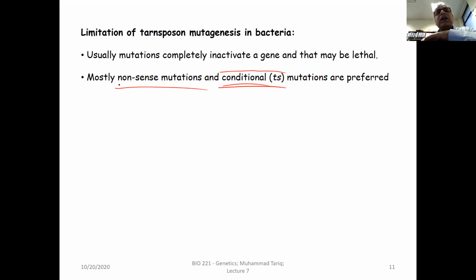So you cannot acquire these kinds of mutations using transposons, because transposon insertion completely inactivates a gene and it may be lethal. And if your mutation is lethal, you cannot recover the mutant. That will not even be visible on kanamycin plates, because that mutant bacteria is simply dead.